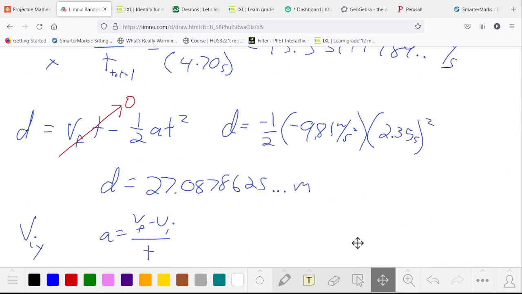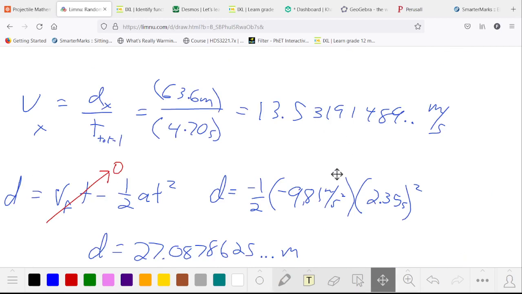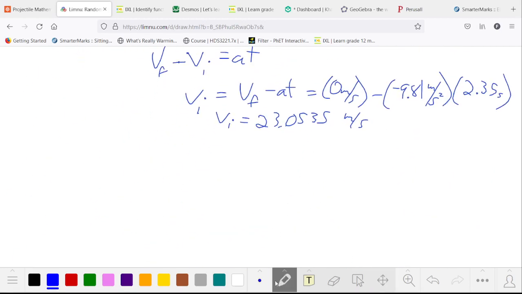We will now use our unrounded values to figure out our overall velocity. So Vix was 13.5 meters per second. Viy, just for reference, was 23.1 meters per second.